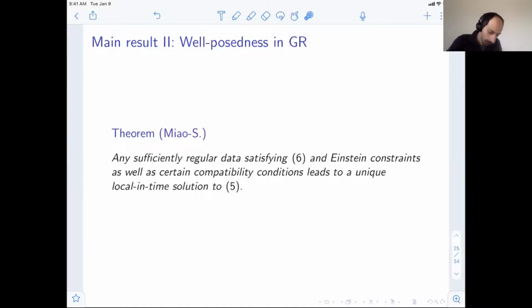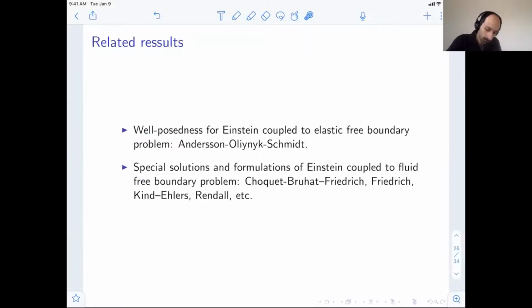Okay, and before I discuss again what the process is, maybe I'll say a few words about existing works. So for this class of free boundary problems that I've been talking about, the only other well-posedness result I'm aware of is in the case of elasticity, which is a work due to Andersson, Oliynyk, and Schmidt.